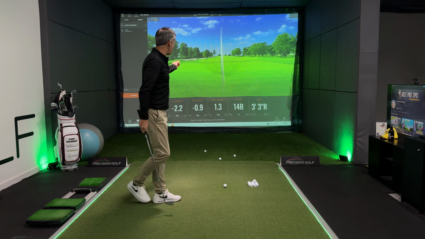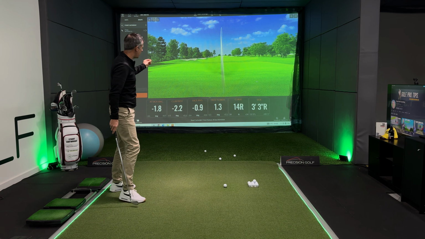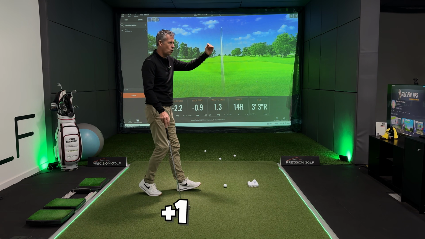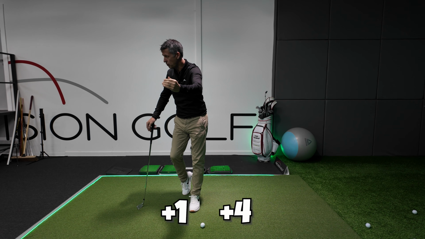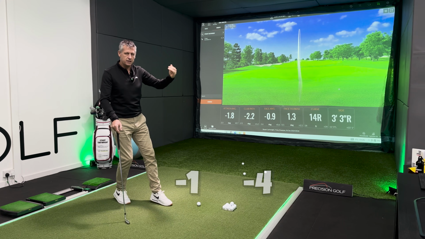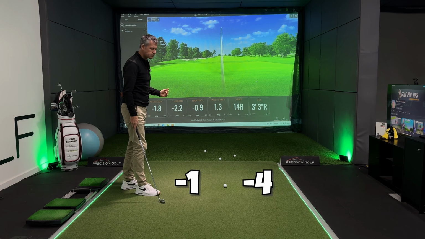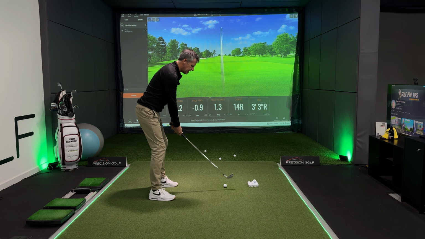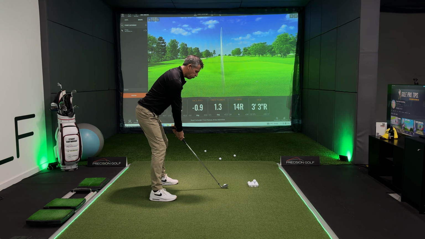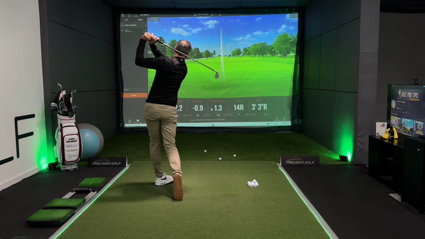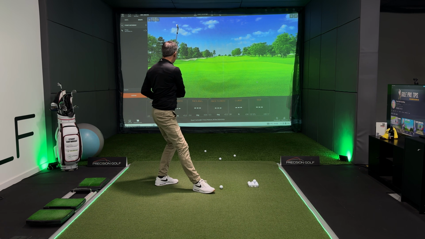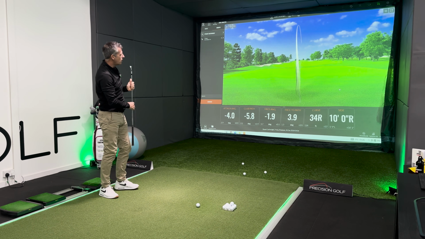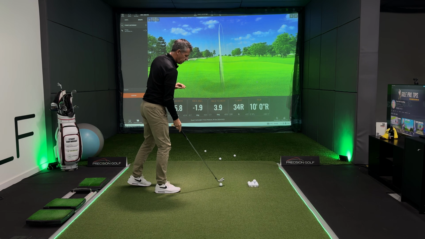So think about getting a face to path value that hovers between +1 and +4. Yes, +4. Or -1 and -4. So if I can get my golf ball to consistently have a +1 to 4 face to path value, I can consistently aim down the left and I can bleed my ball back onto target.